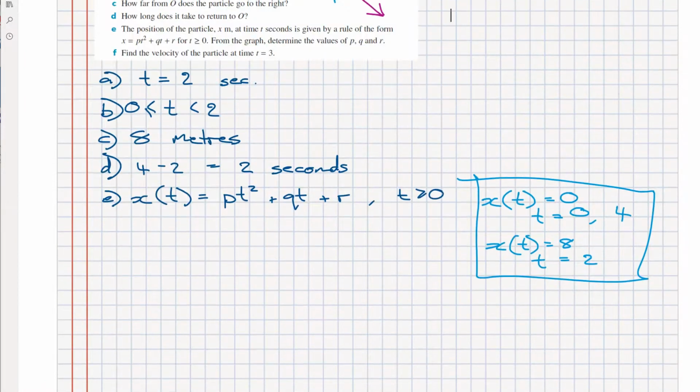And building the equations, we'll go for this 0 first, and by this 0 I mean this 0 here, and we're going to go x of 0 is going to equal pt squared plus qt plus r, and when t is equal to 0, the left hand side equals 0.